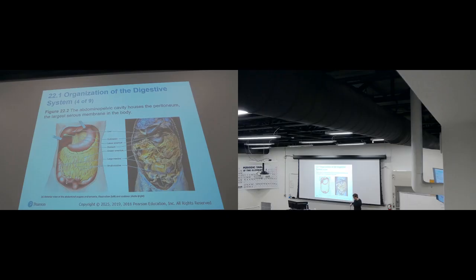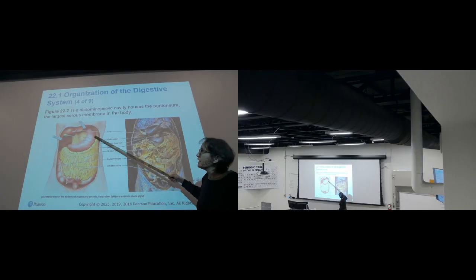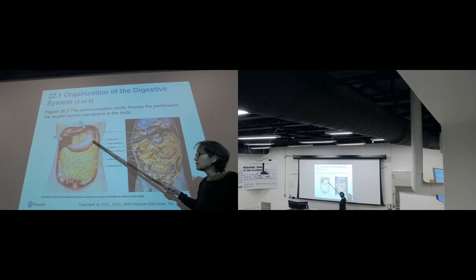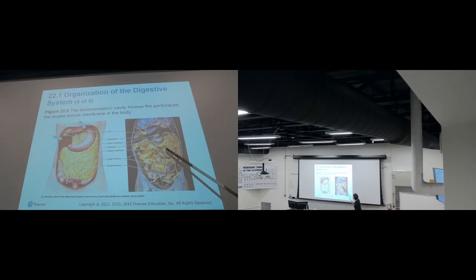So then if you let this greater omentum go down, it's hanging from the greater curvature of the stomach, covering the anterior surface of the small intestine and part of the large intestine. And again, the cadaver has only fatty tissue here.